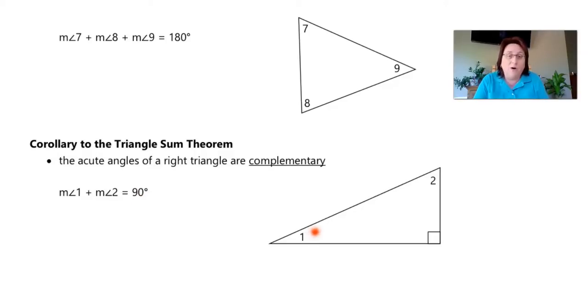If I've got angle 1 plus angle 2, that equals 90 degrees, plus the 90 degrees, well then all three angles add up to 180. You will notice as we go through the unit that if you have a right triangle, angles 1 and 2, you can solve them by finding that they must add up to 90 degrees. Okay, let's take a look.